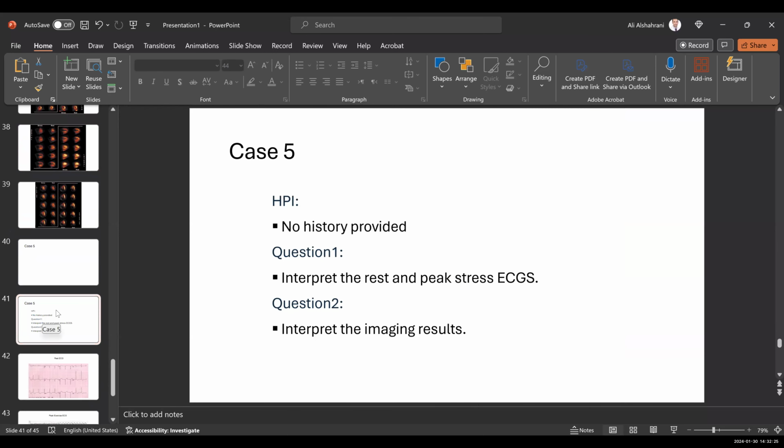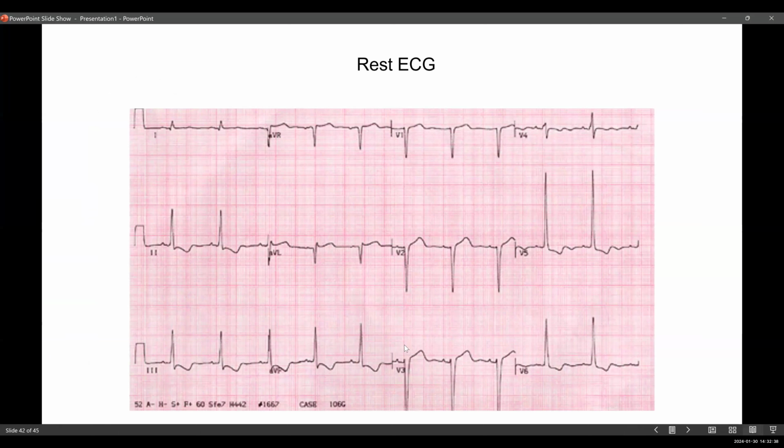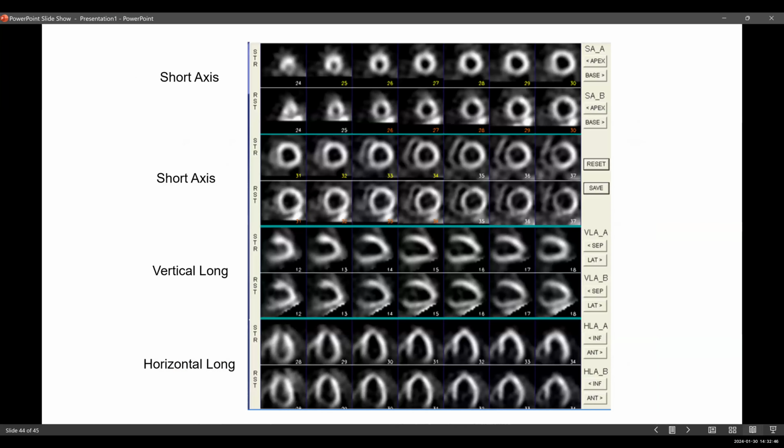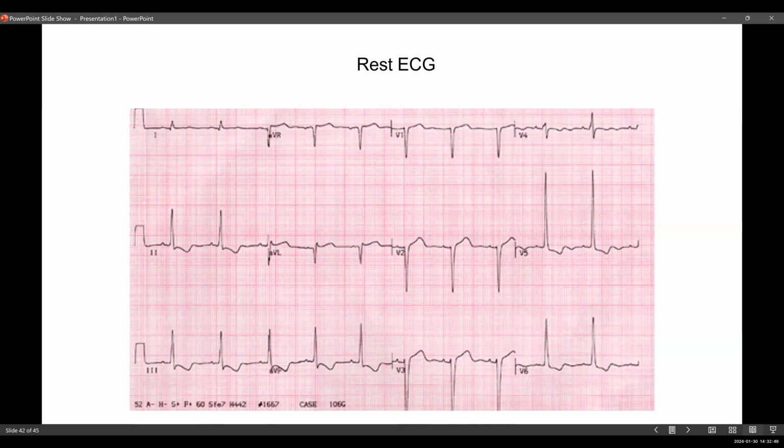This is the last case, as I have to really go. This is the case where I'll show you the ECG. It's at rest. Can someone take a lead in this? Okay, so the profound finding here is the left ventricular hypertrophy with ST changes due to the strain pattern.